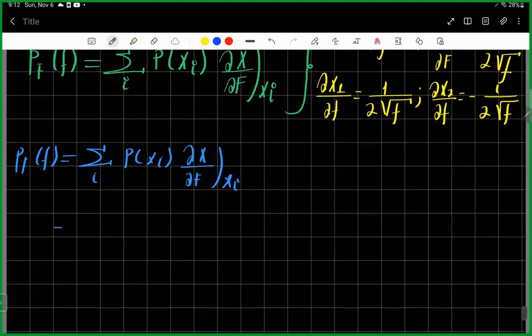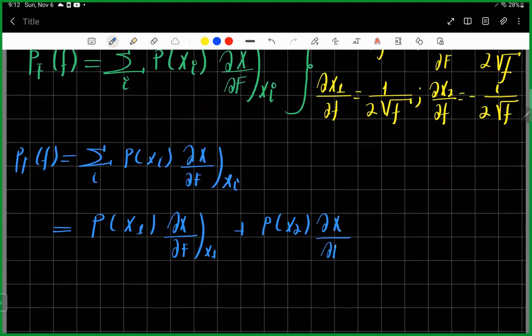Okay, and this is equal to, let's sum, the probability of x1 times the derivative of x with respect to f at x1 plus p of x2 times the derivative of x with respect to f at x2.